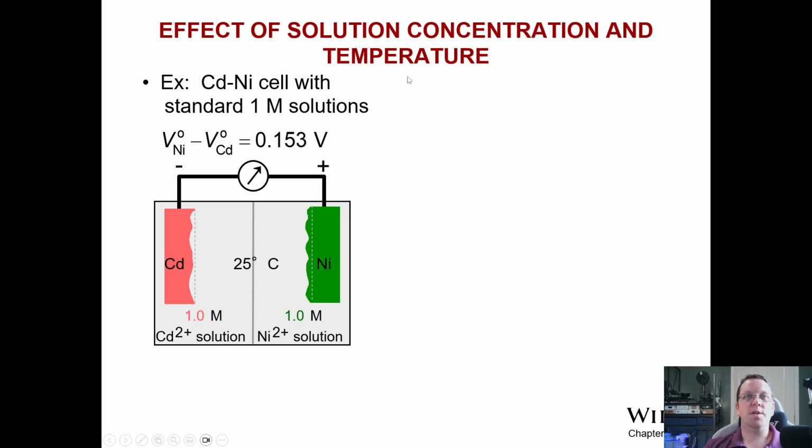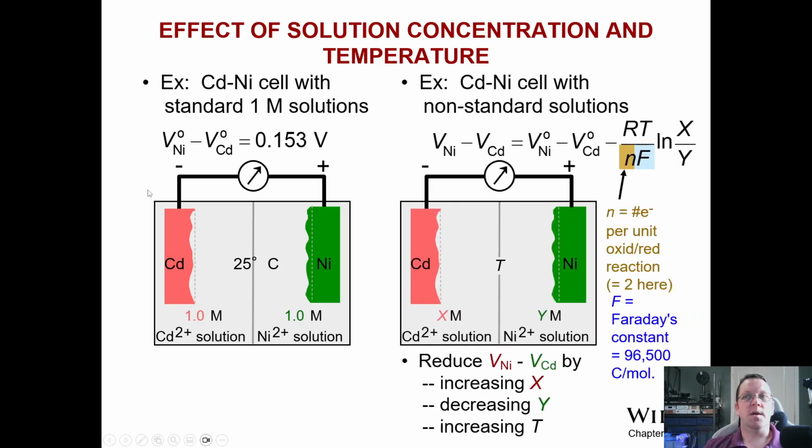So the concentration and temperature effects we've alluded to, but you can see some examples of these. So looking at, for instance, the same nickel cadmium example, think of a simple watch battery or something. The lithium ion batteries are only a very recent advent of technology.